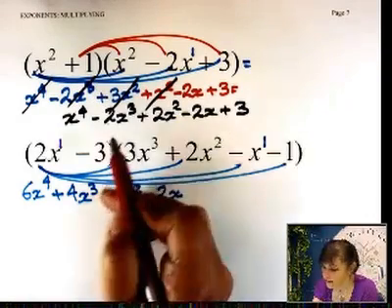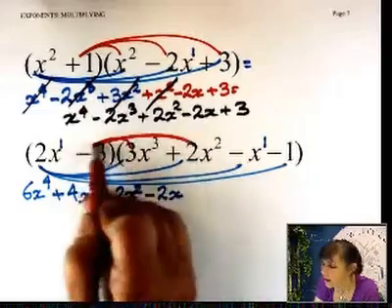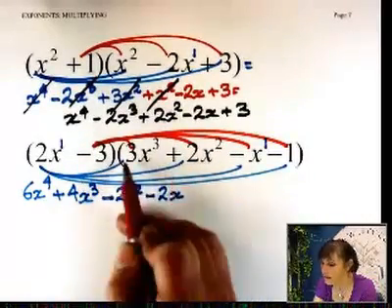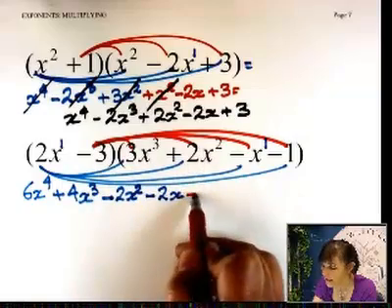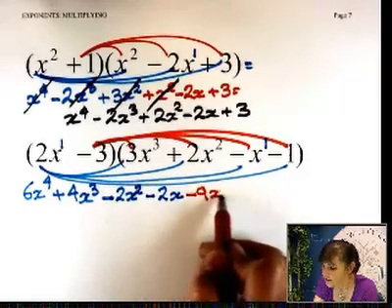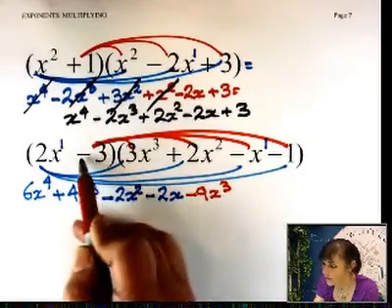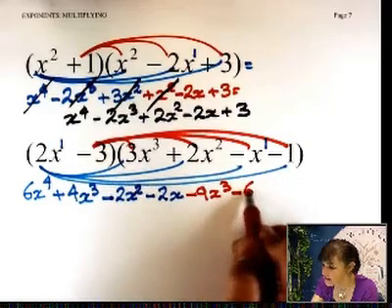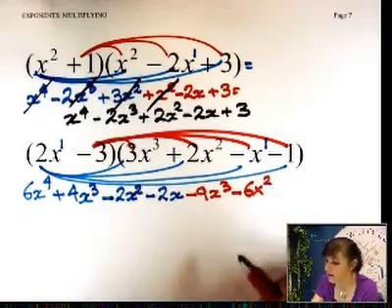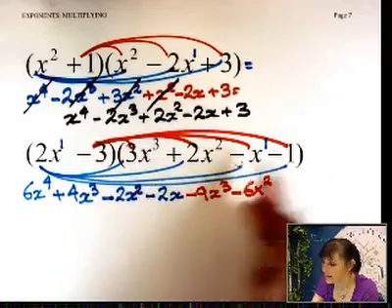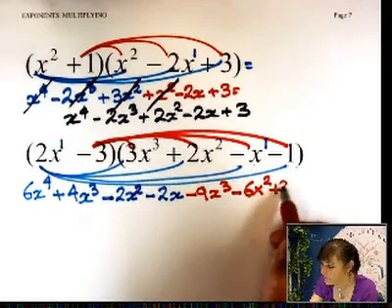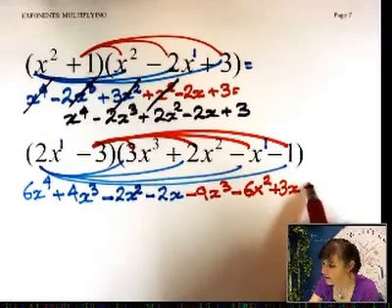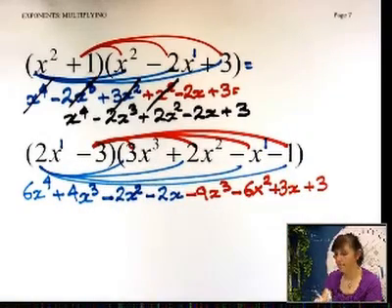Now let's do the reds. Negative 3 times 3, so that's negative 9x cubed. The next one, negative 3 times positive 2, that's negative 6x squared. Negative 3 times negative x, that's positive 3x. Last one, negative 3 times negative 1 is positive 3.